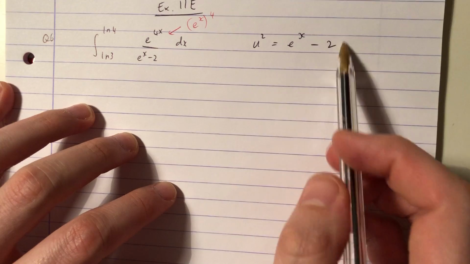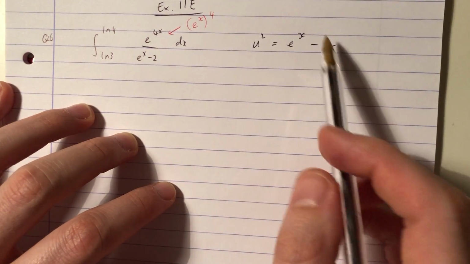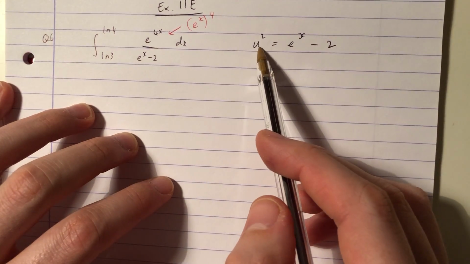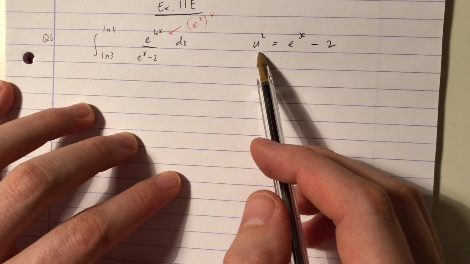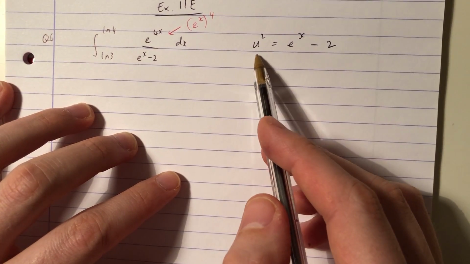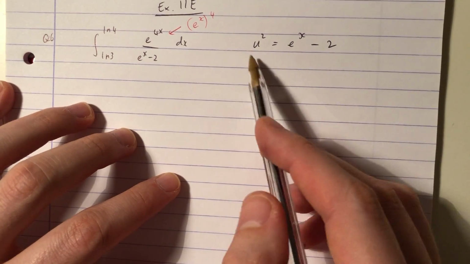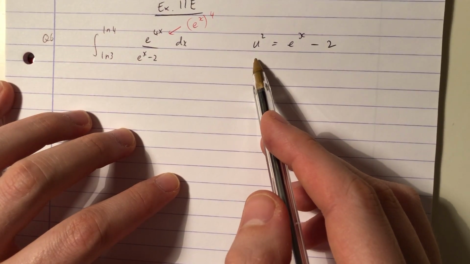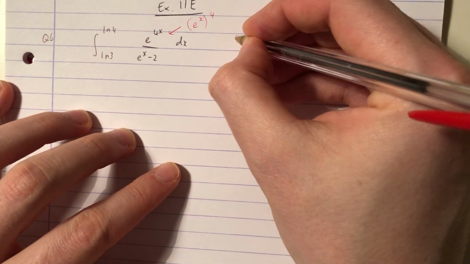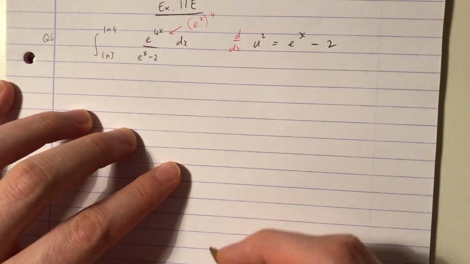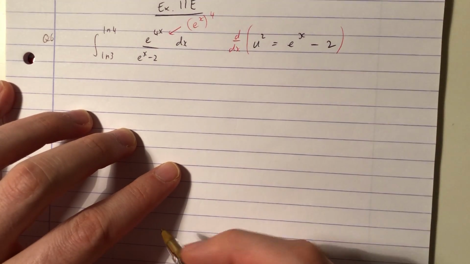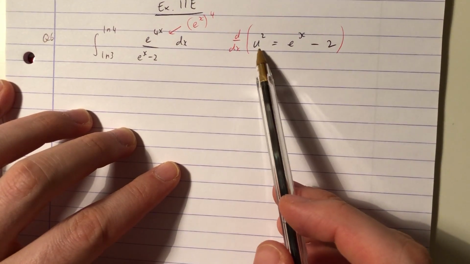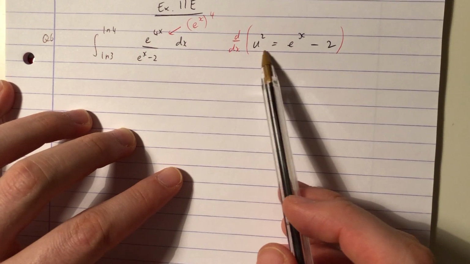Okay, don't normally get a substitution where either u or x are not the subject. So you've got two options. You can either not care and use implicit differentiation and just differentiate everything with respect to x. And remember, implicit differentiation, we normally do it with x's and y's.